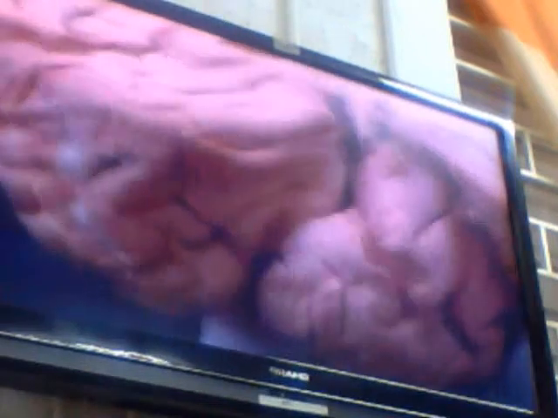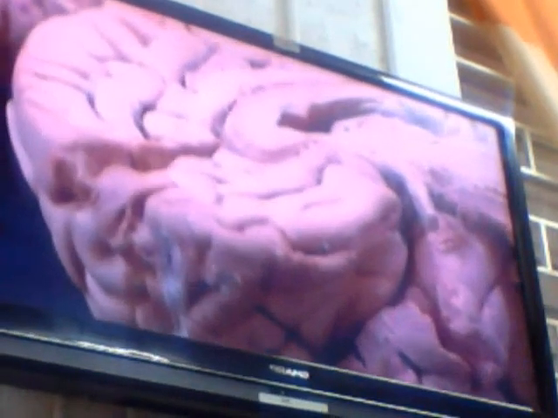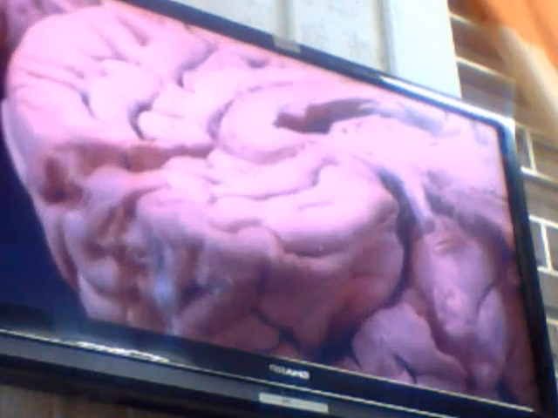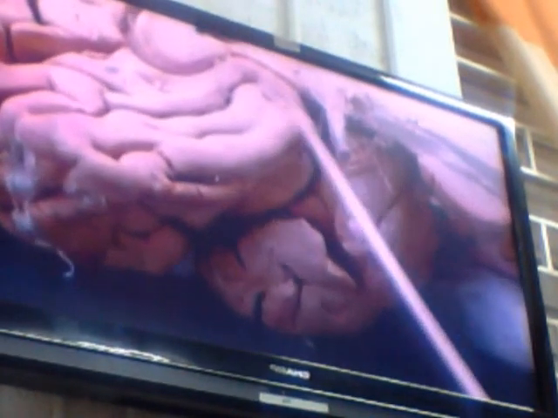Olfactory bulb and olfactory tract and striae and all these things. When we do the nerves, in the end, you get into more detail on that. But the area is the olfactory area, which is close right here.